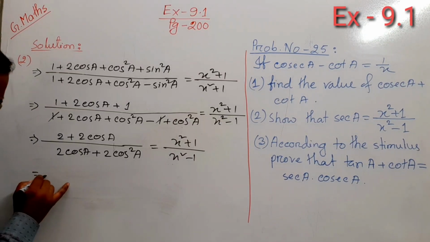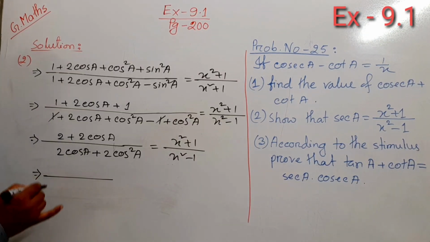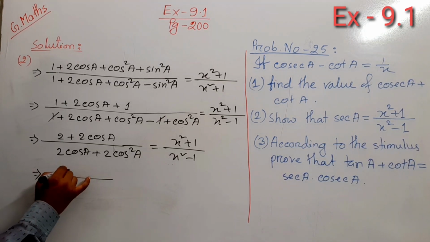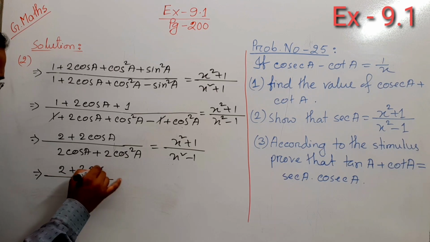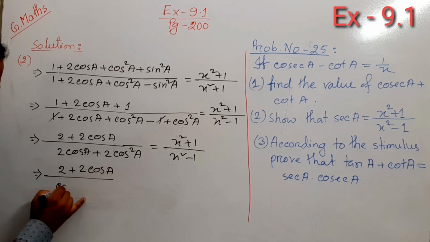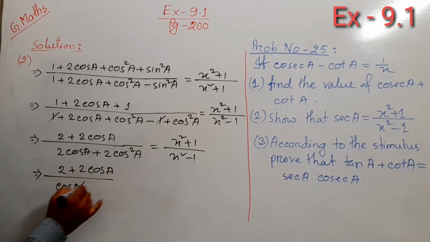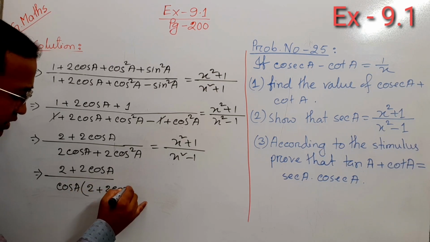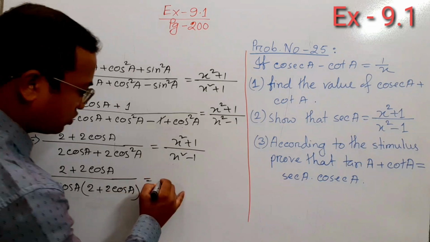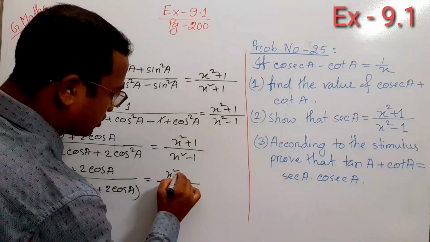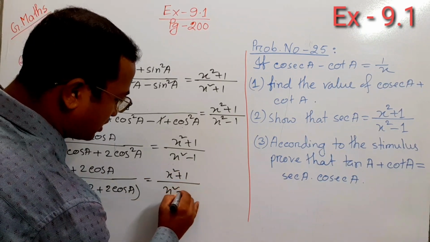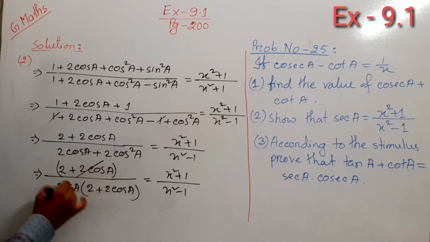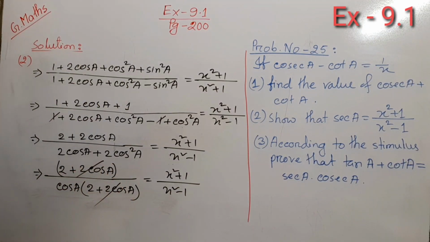Now from the denominator we can take cos common, 2 plus 2 cos a. If you take cos a common over there, it becomes 2 plus 2 cos a equal to x square plus 1 by x square minus 1. Now you can cancel both the denominator and the numerator, 2 plus 2 cos a.